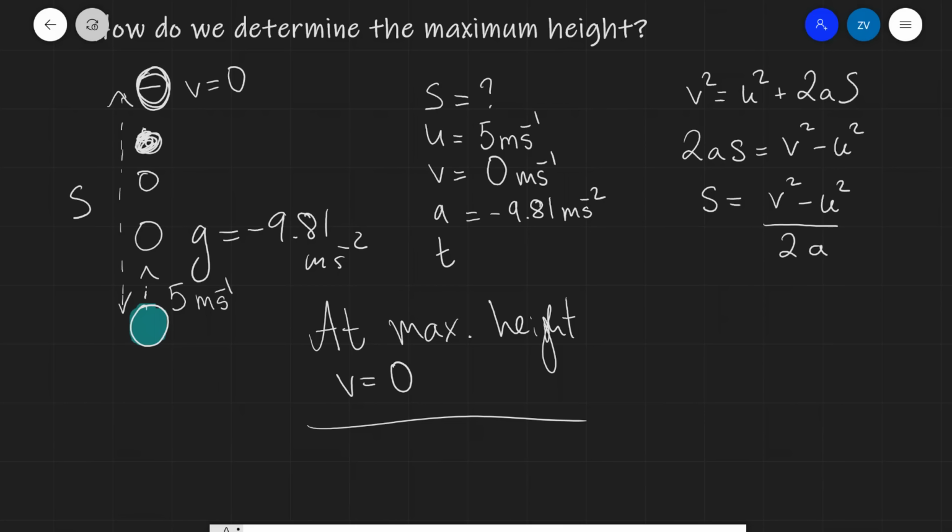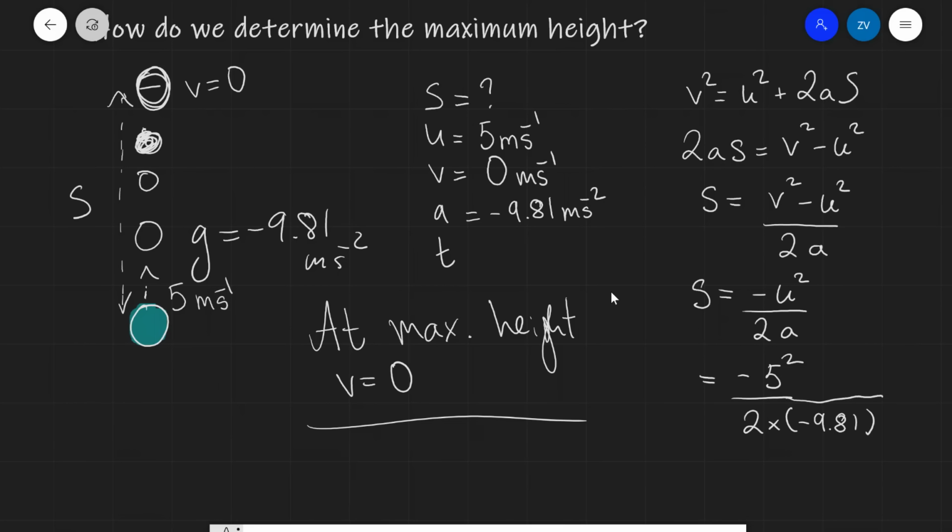Now remember that in this case v is equal to 0, so the equation will actually be 0 minus u squared over 2a. Now u is 5 meters per second, so this will be minus 5 squared over 2 times the acceleration, which is minus 9.81.